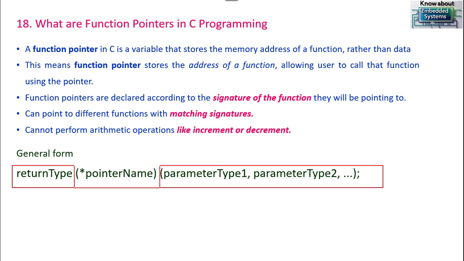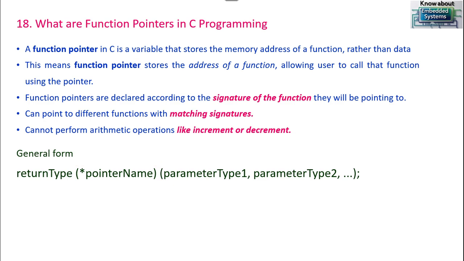The first is the pointer name, with an asterisk and then parentheses. The parentheses are mandatory and the star is also mandatory. The second is the parameters, how many parameters you are passing. And the third is the return type. So there should be three parts in the function pointer declaration.